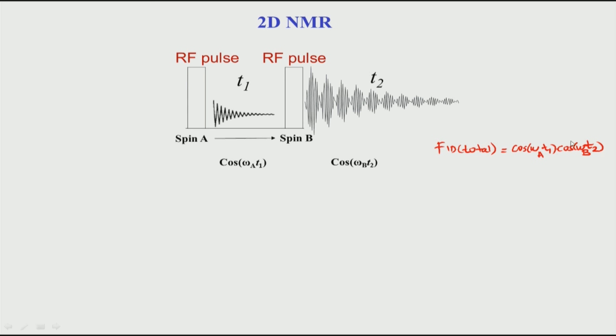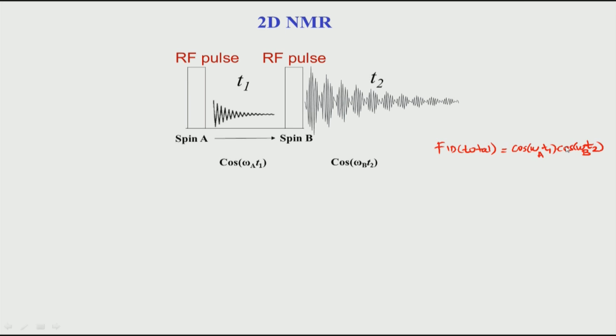If you focus your attention on this part here, cosine omega B T2, the intensity of this frequency, which is the amplitude, is multiplied with another factor. Therefore, this intensity now has the chemical shift information of A, because this factor, cosine of omega A T1, is now modulating the second FID.